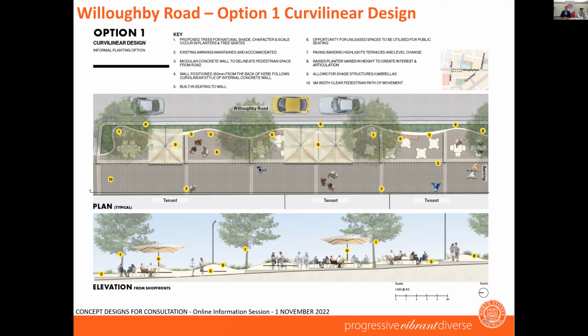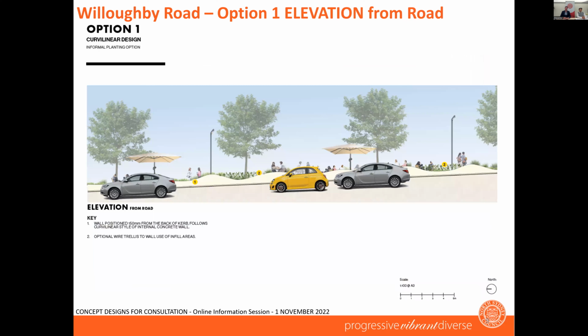We're proposing that there are raised planters through here. The curvilinear design will be a raised planter, and there will be a minimum 3-metre width clearance between the pedestrian paths and the outdoor dining bays and eating areas, so they have plenty of accessibility. That's showing you a section of what it would look like.